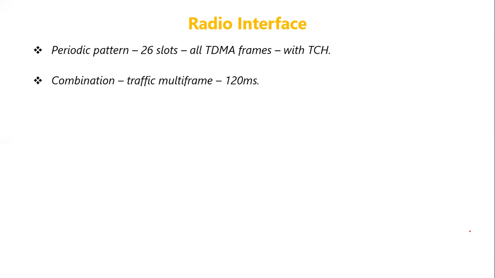The combination of these frames is called a traffic multi-frame, that is, TDMA frames with a duration of 4.615 milliseconds, to a multi-frame with a duration of 120 milliseconds. So the point is, the logical combination of 26 frames forms a multi-frame.